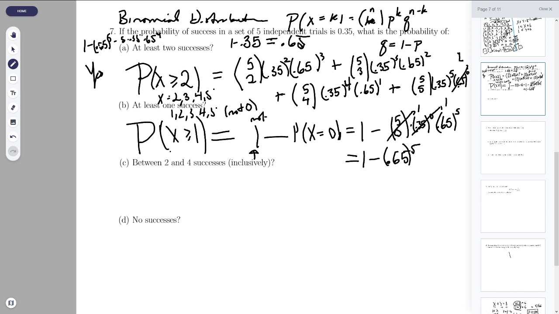It just depends on which one is longer and which one is shorter. So what is the probability of no successes? Well, we've just computed it. It's 0.65 to the 5th power.